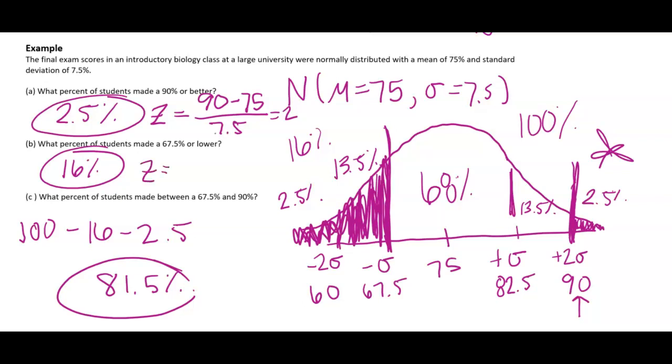Similarly, if I do 67.5 minus 75 over 7.5, I get negative 7.5 over 7.5. I get -1. That also makes sense. So that's how you can also use z-scores to find the location of your data points within a distribution.